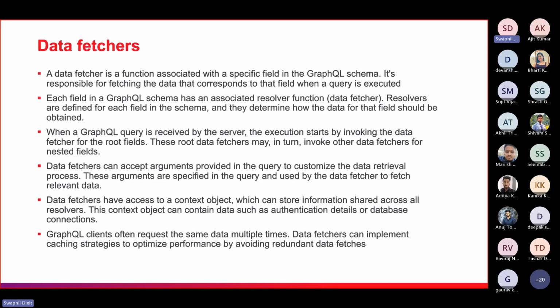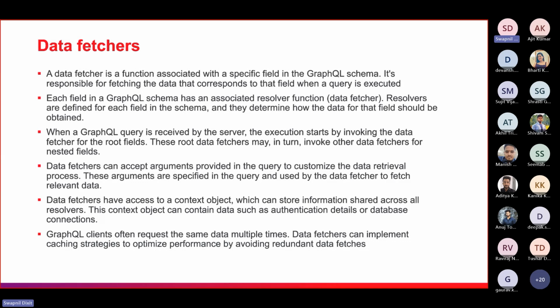Data fetchers can accept arguments provided in the query to customize the data retrieval process. These arguments are specified in the query and used by the data fetchers to fetch relevant data. As you have seen in the previous example, we have provided an argument like book with the book ID 1.